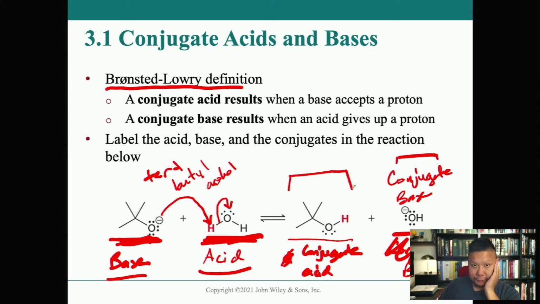And one of the things that you can always remember is that the acid yielding a conjugate base always ends up with a negative species, right, an anion, which makes sense because it just lost a proton. So if you lose one proton, which is a plus charge, then you're going to be negatively charged. And then the base becoming the conjugate acid over here, you're going from being a negative charge to being neutral now, right? Cool stuff, cool stuff.